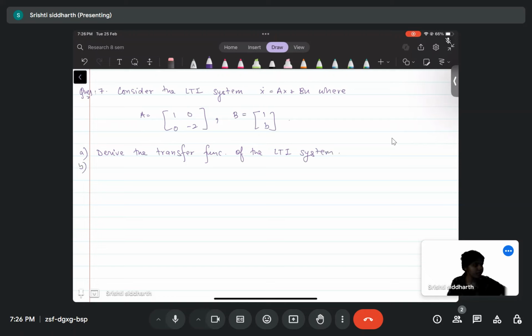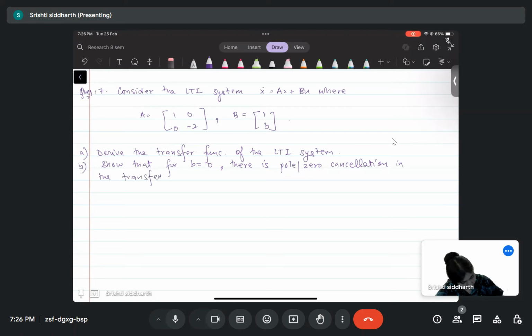Part B is to show that pole-zero cancellation as a function of b leads to loss of controllability.